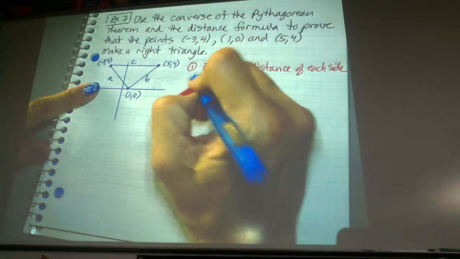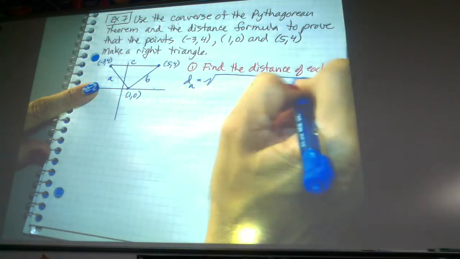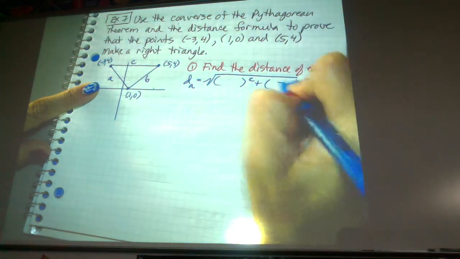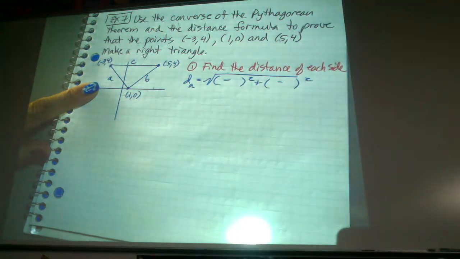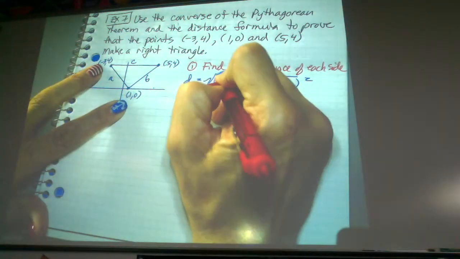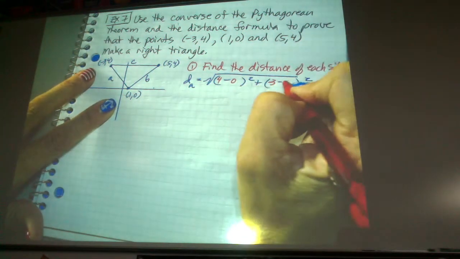So I'm going to find the distance of A. Here's my formula. I'm going to use my template and plug in my values. My y's are 4 and 0. My x's are negative 3 and 1.